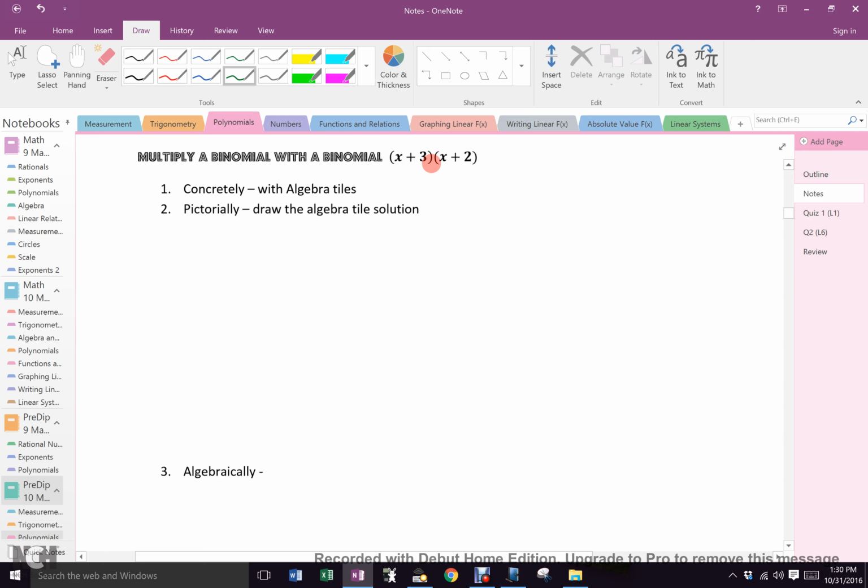So this, of course, is x has to multiply by x and 2, and then plus 3x and 3 times 2 to get x squared plus 2x plus 3x plus 6. Collect your like terms, x squared plus 5x plus 6. You guys have all seen that too, yes?